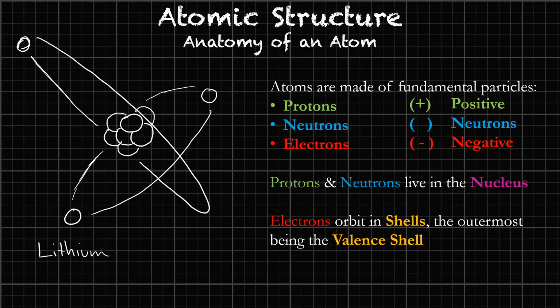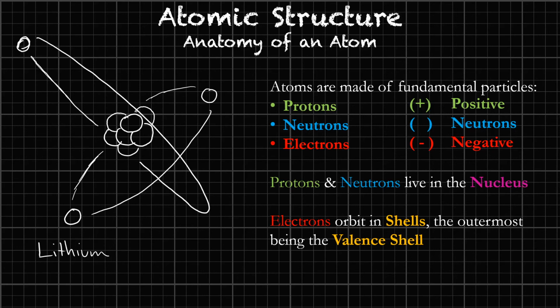An atom is made of fundamental particles, three of them: protons, neutrons, and electrons. Our proton buddies are positive, our electrons are negative, and our neutrons inconsequential. We'll just say that they don't have any charge, or they're neutral. Makes sense. Protons and neutrons live tightly together in the nucleus, and the electrons orbit much like planets or moons in shells around the atom.